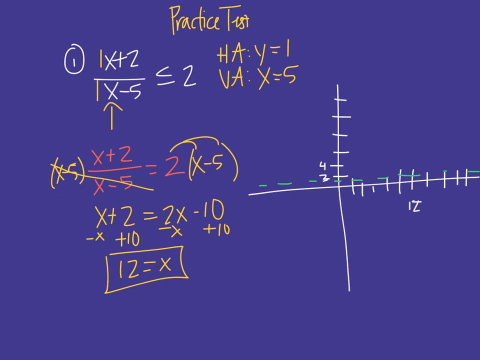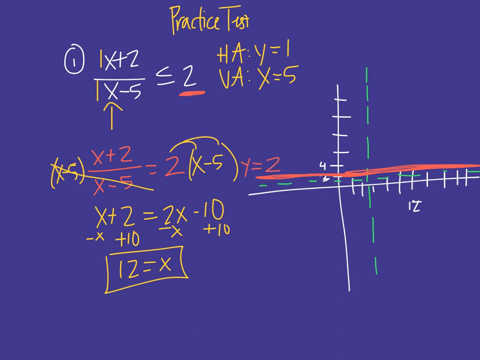I know there's going to be a vertical asymptote at 5: 2, 4, 6, so 5 will be there. I can graph y equals 2, that's just a line right at 2. Might have to pretend that it actually hits it. Okay, so there's my y equals 2.